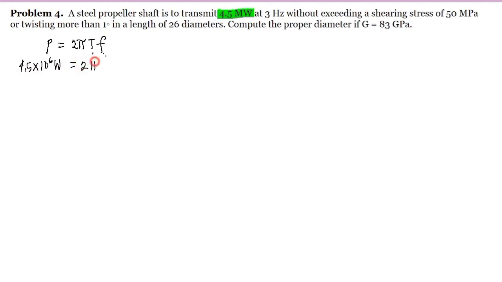This is equal to 2 pi multiplied by the torque, and the frequency here is 3 Hertz.